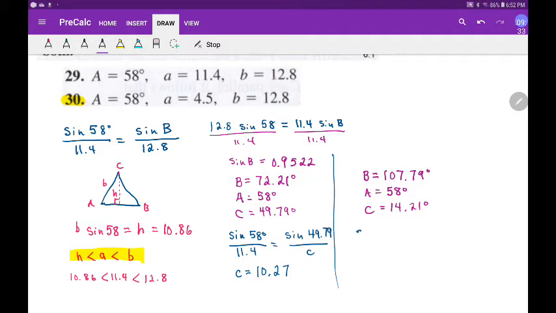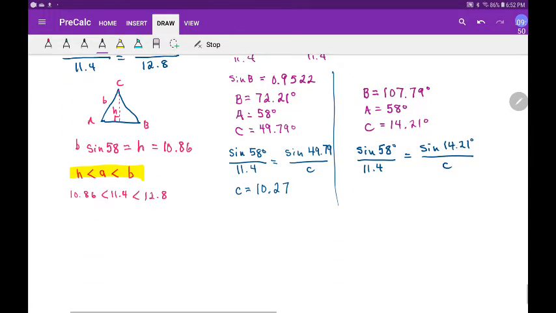Okay, let's go over here and let's try this. The sine of 58, sine of A, over A, is equal to the sine of C, which we say over here is 14.21 degrees, over C, and let's find out what C is here. So in this situation, we have 11.4 times the sine of 14.21.